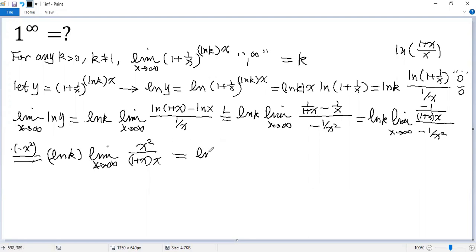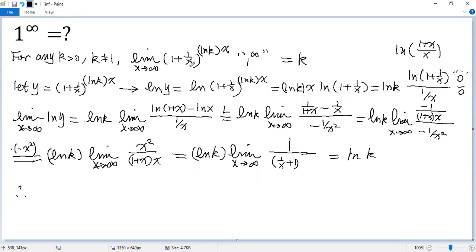So we get ln k times the limit as x approaches infinity. The top becomes 1. The bottom, divided by x, we get 1 over x plus 1, since x divided by x is just 1, right? So you see when x approaches infinity, the limit becomes 1 over 1, which is 1. So the limit is ln k, right?